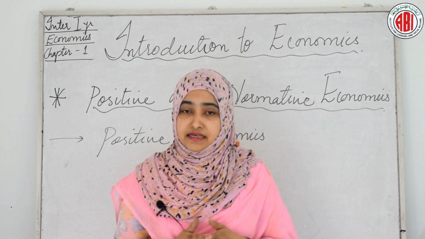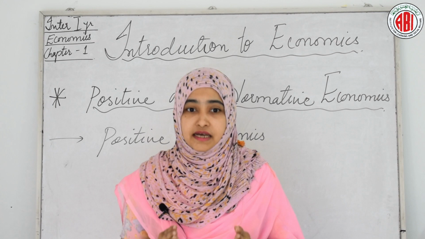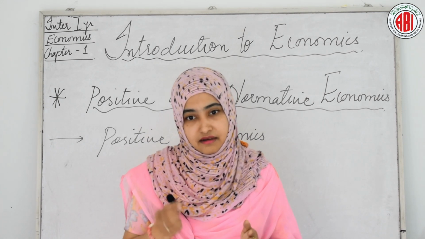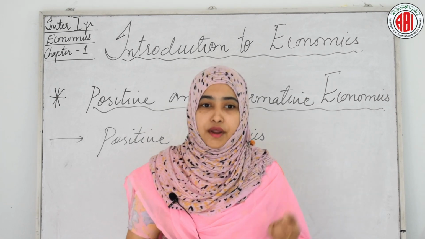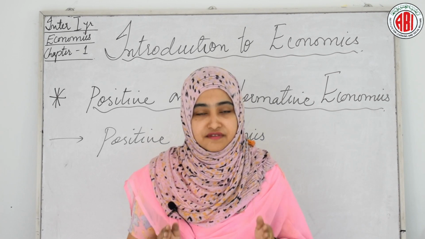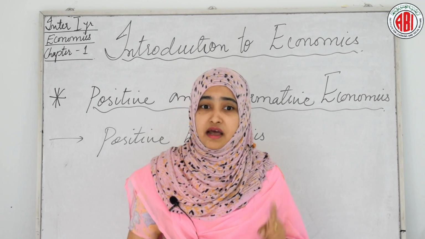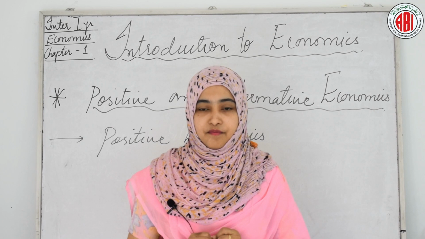According to J. N. Keynes, a positive science may be defined as a body of systematized knowledge concerning what is. The classical school economists were of the opinion that economics is purely a positive science which had no right to comment upon the rightness or wrongness of economic policy.